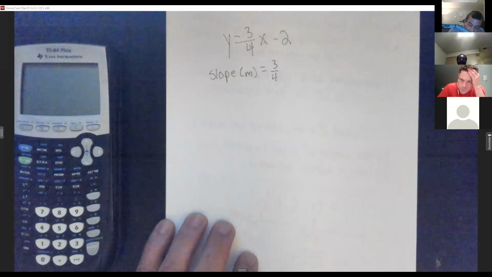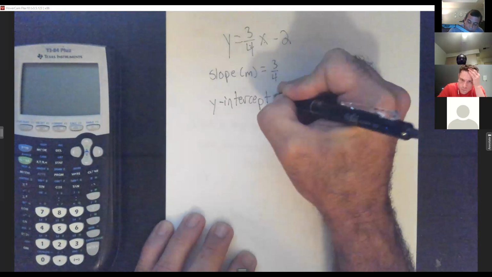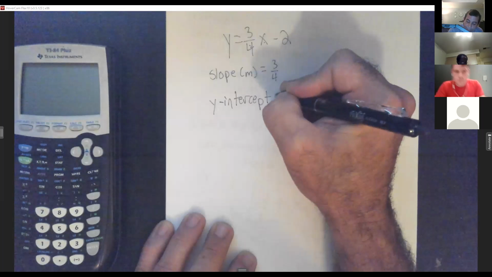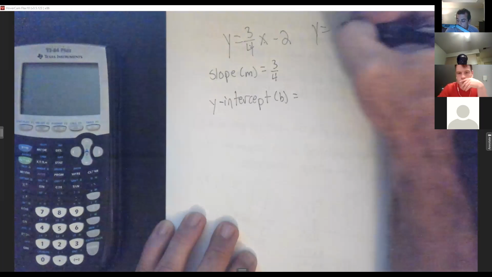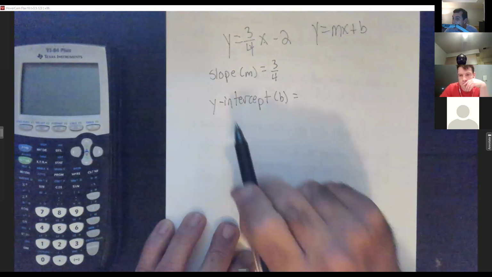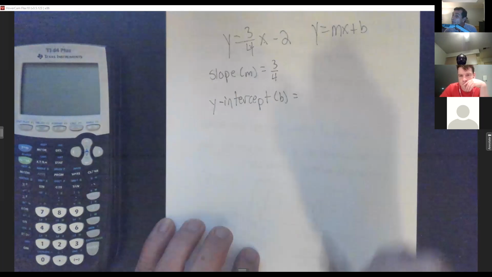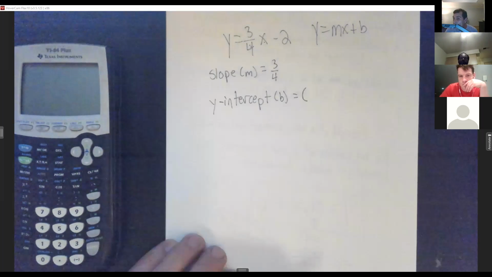My y-intercept, which in that formula I had as a b. So remember, we're still doing y equals mx plus b. The y-intercept is -2. But y'all, we got to write it as an ordered pair since it's a point on the graph.